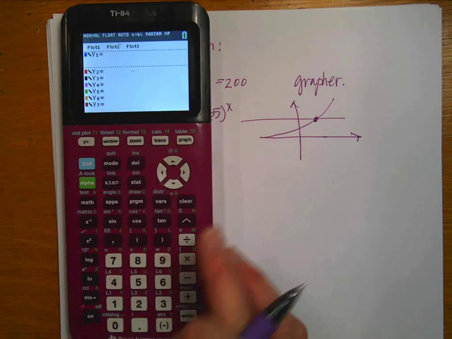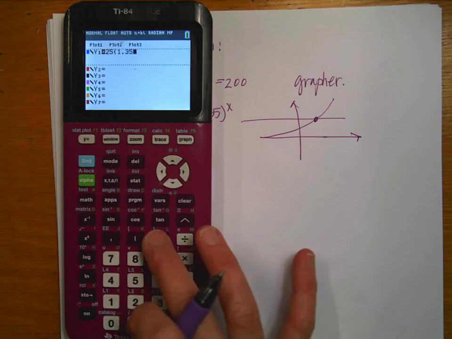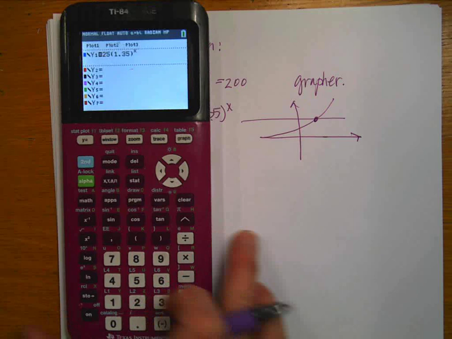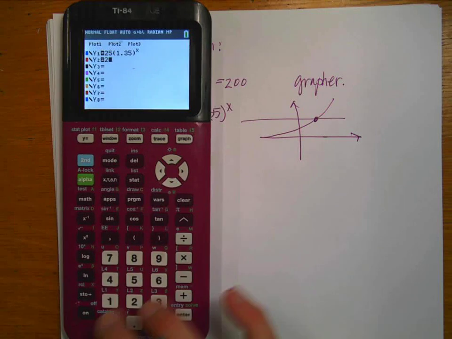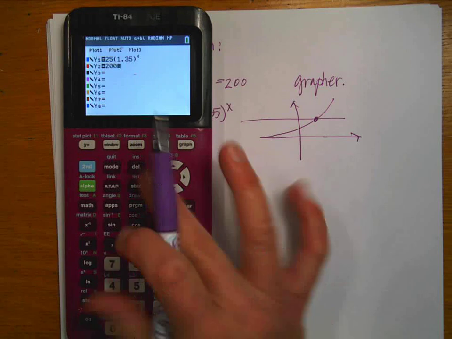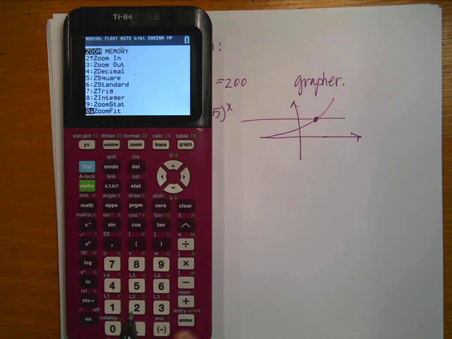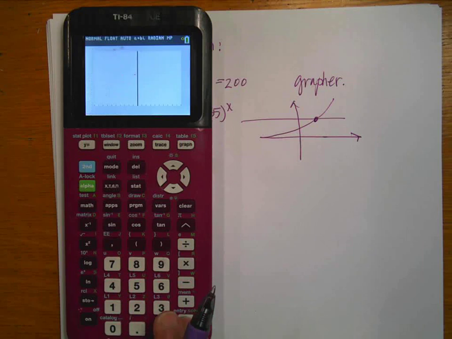So if I go to my y equals, and I clear what's there, I'm going to do 25 times 1.35 raised to the x, and then my second equation, I'm going to enter the 200, and now instead of doing a zoom 6, I'm going to do a zoom, and I'm going to go all the way to the bottom, which is a zoom 0 for a zoom fit, and then I'm going to hit enter, and it's going to show me my equation, and then I'll show you how to find that point of intersection.